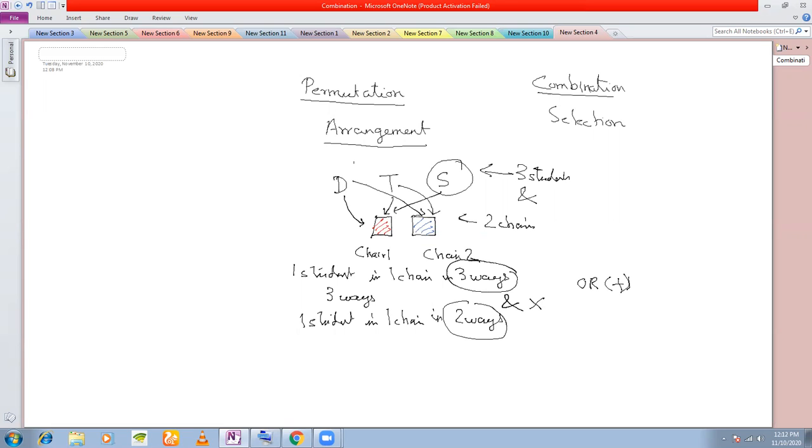So that means three ways and two ways. Therefore, and means multiplication. Then what is the total number of ways in which you can sit? 3 into 2, which is 6 ways. This we call a permutation, an arrangement of three students taken two at a time.